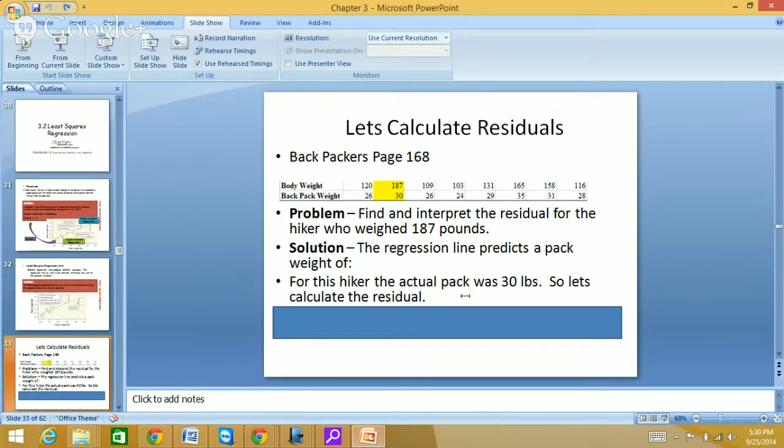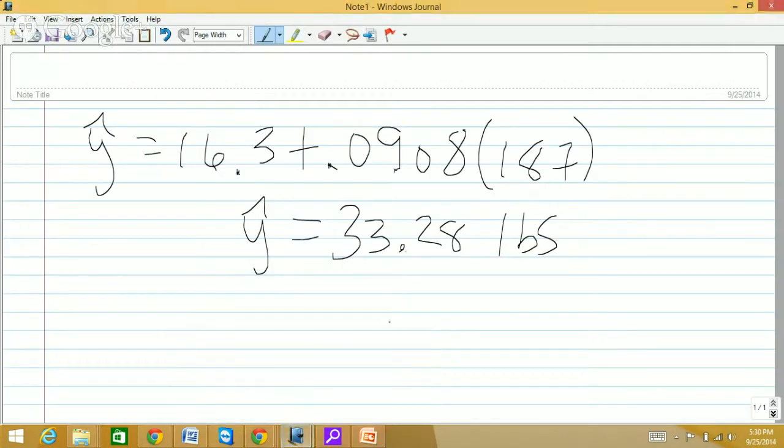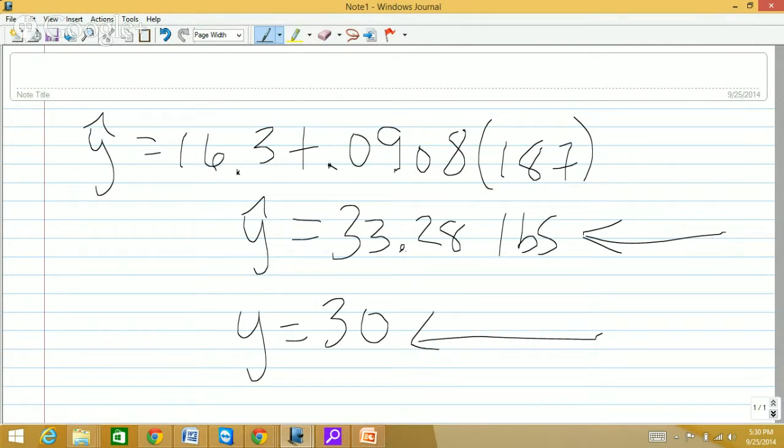Okay. So for this hiker, the actual pack was 30 pounds. So calculate the residual. So if we go back to here, they're telling us that y is actually 30. So our line, our prediction equation, told us that they should be able to carry this amount right here. And in reality, this is actually what the person carried. So if we go back to our equation, the residual was y minus y hat.